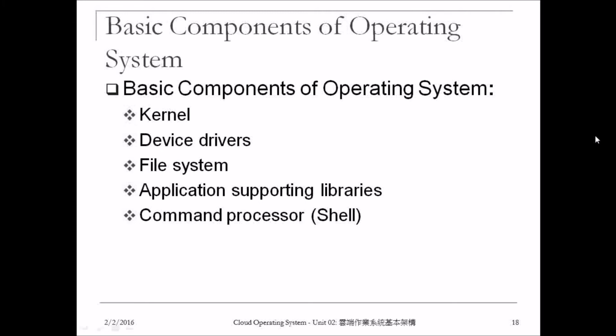The next is the application supporting library. Using the library, the software can be supported by the operating system. The last one is the command processor, or we call it the shell. These are all base components of the operating system, the same as the traditional operating system before.